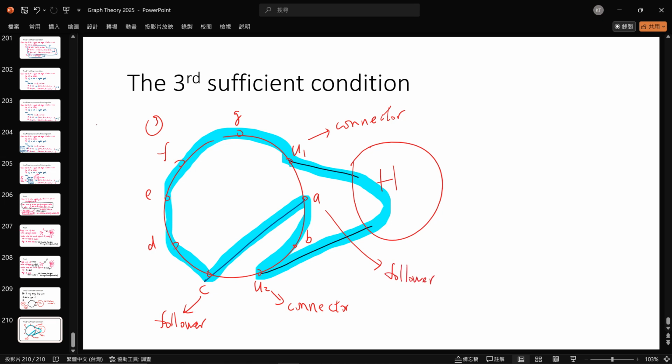So in this case, A is the follower of U1 and C is the follower of U2.